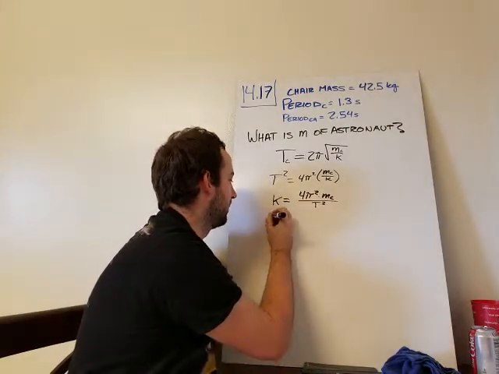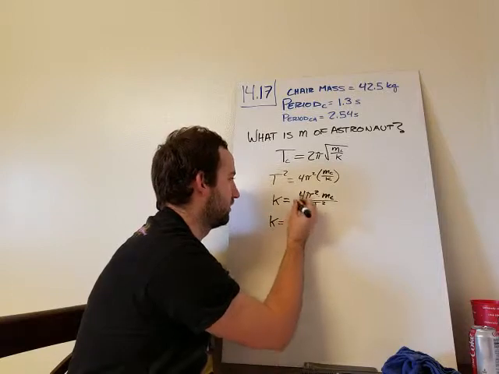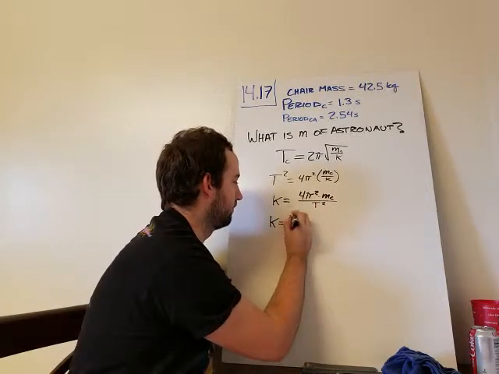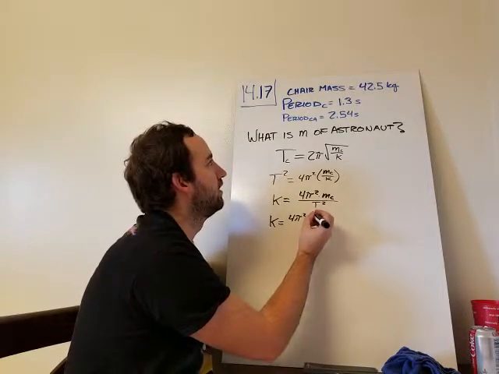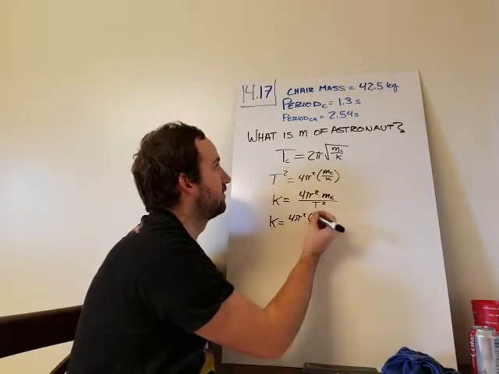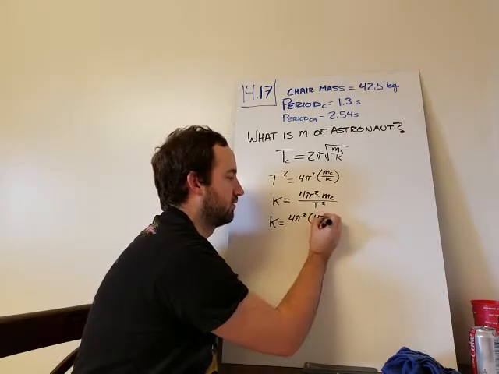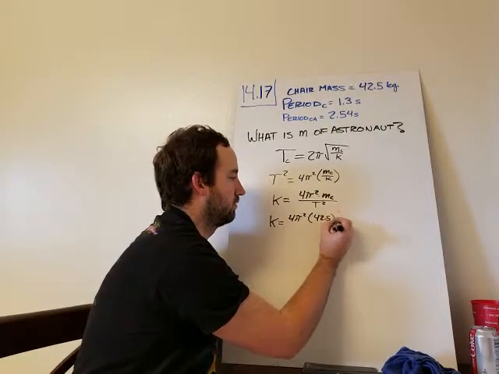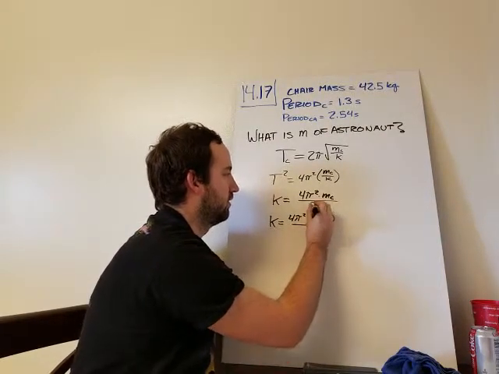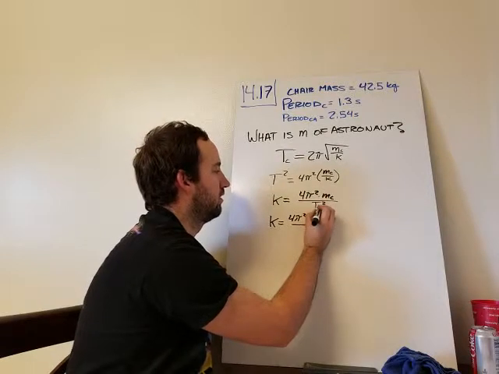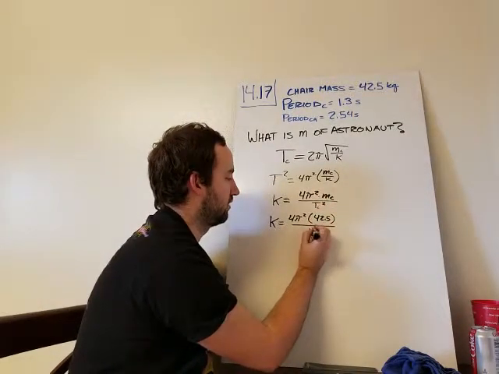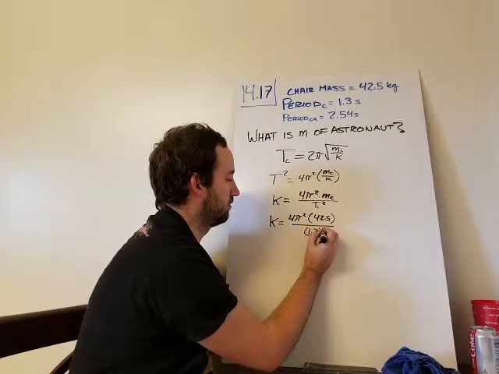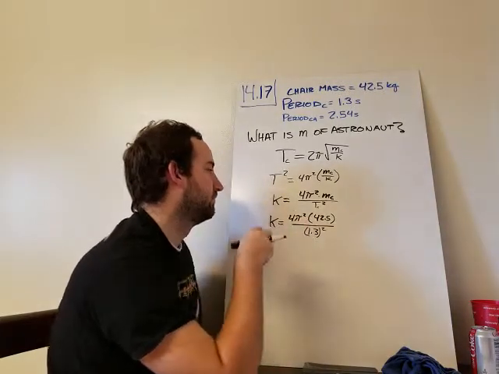So we know that K is going to equal 4 pi squared times the mass of the chair, which is 42.5 kilograms, over the period of the chair, which is going to be 1.3 seconds squared.